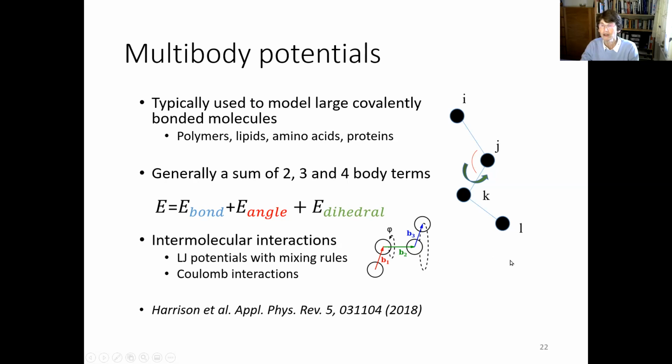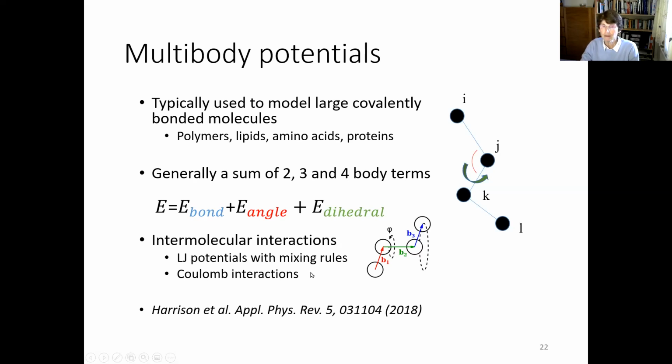intramolecular interactions, the energy of the molecule itself. But even in a protein, the molecules will interact with other molecules, and we need to include Lennard-Jones potentials, with mixing rules, as I said before, to describe this.